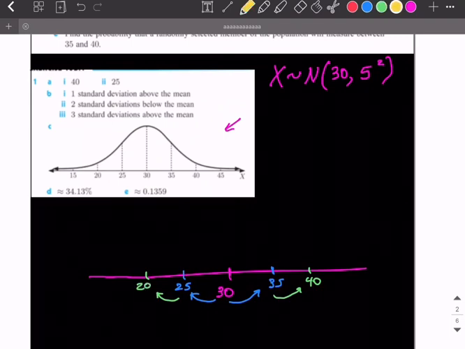And let's do 3 standard deviations. 5 more, you go to 45, and 5 to the left is 15, and that's how you get your graph. So this is your mean here, mean equals 30, standard deviation equals 5, and you need to provide this.